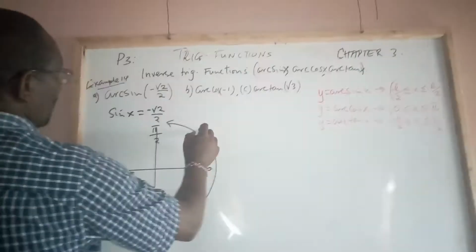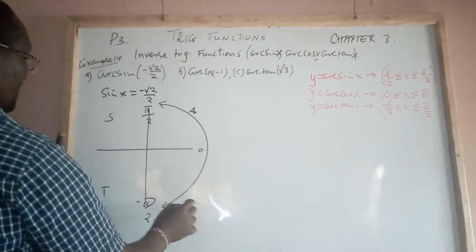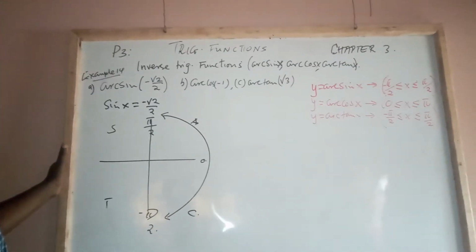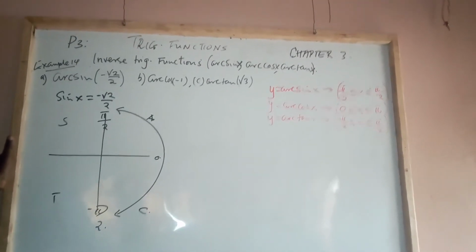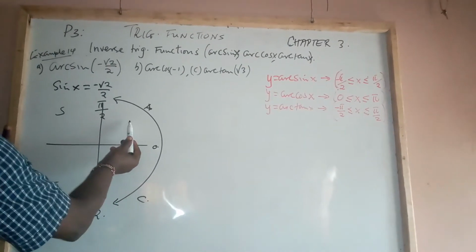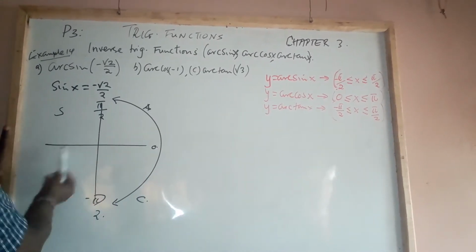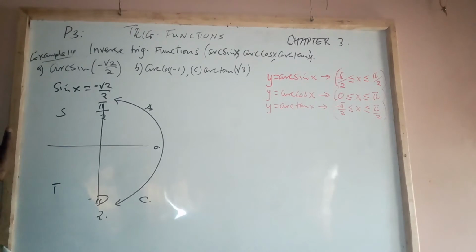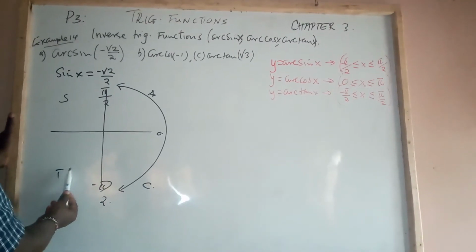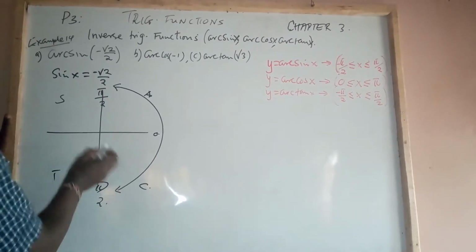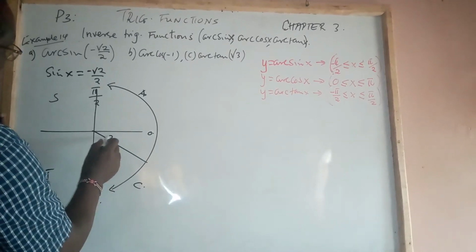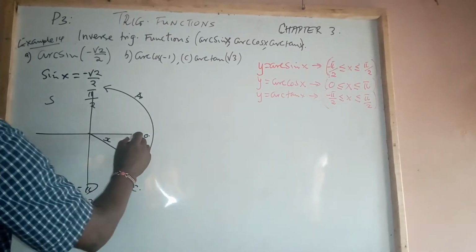But because we know all science teachers complain, it follows that our x is not in quadrant 1. The rule does not allow us to be beyond pi over 2, and it does not allow us to be in that quadrant either. So our x is only within that quadrant.